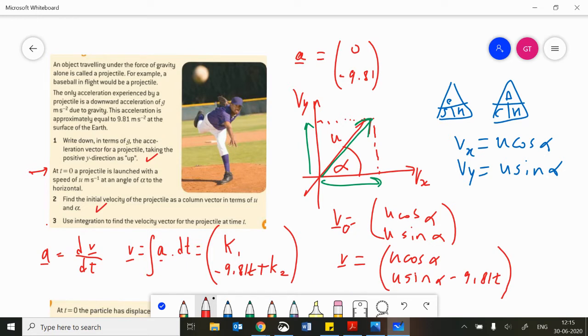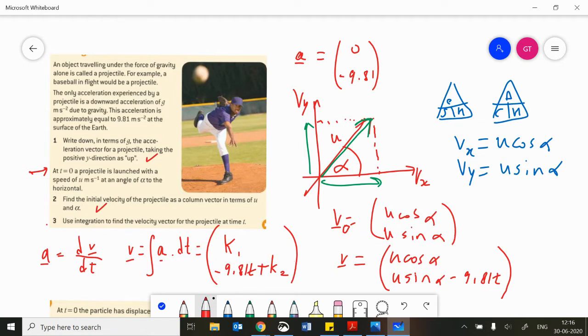Since we know that when time t is equal to 0 we have this vector from previously, when you put t equal to 0 in there, that term disappears, but we'll still have to get this vector out. So k1 has got to be equal to this, and k2 must equal to this.